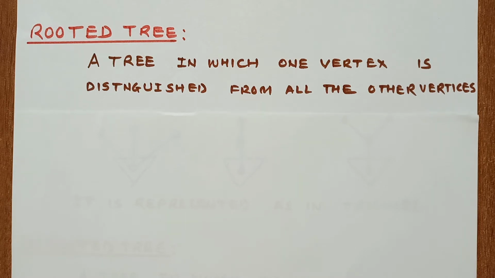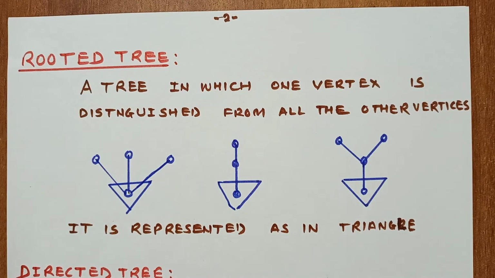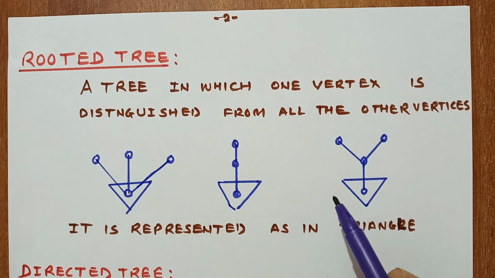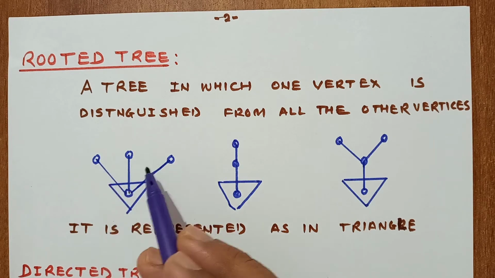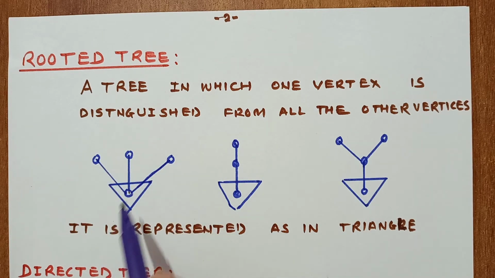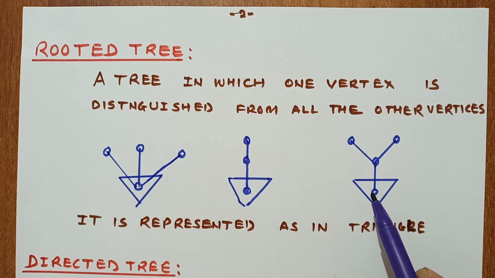For example, this is a rooted tree. This vertex is distinguished from the others. The distinguished vertex is denoted by a triangle by some authors. So this is a rooted tree.